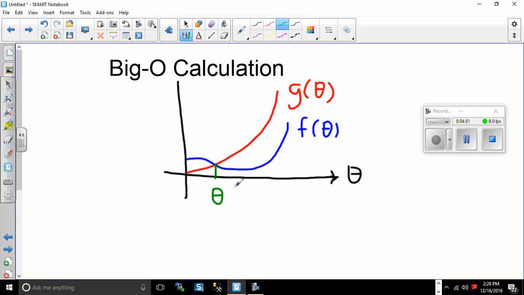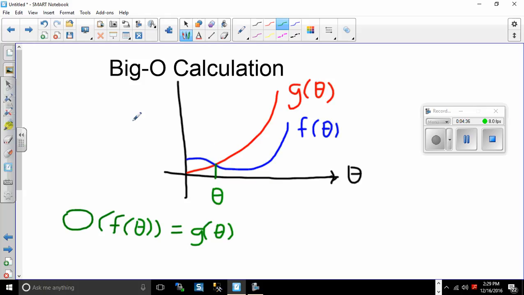So what we say then is that the big O of f of theta is equal to g of theta. This means that for input values bigger than theta, f of theta will be dominated by g of theta for all values of those thetas.